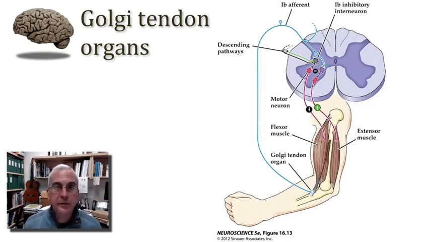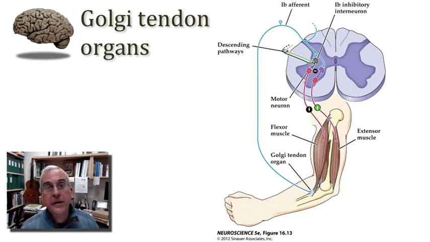Well, what good is this system of Golgi tendon organs? Well, we think it's very useful for monitoring the force that's generated by an actively contracting muscle. The activity of this 1B afferent is modulated up or down throughout the course of an active muscle contraction. And we can imagine that this might be very helpful in combating fatigue that might be setting in. We can imagine that as a muscle is fatiguing, it's generating slightly less force.